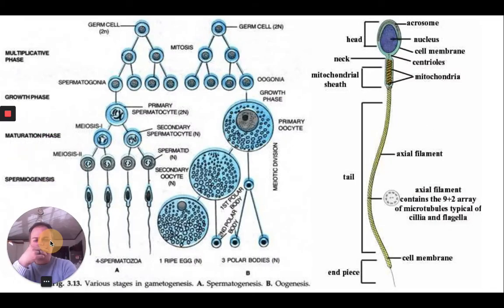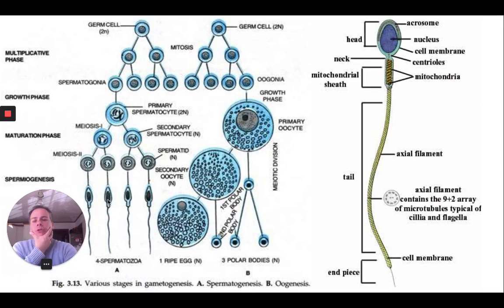Now, if we talk about sexual reproduction, things are a little bit different in producing sperm cells versus producing egg cells. Meiosis is responsible for producing both sperm and egg cells. Sperm and egg cells have half the number of chromosomes. They're haploid cells. So let's look at the production of sperm cells.